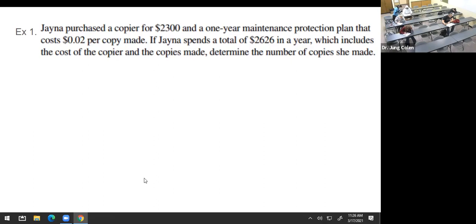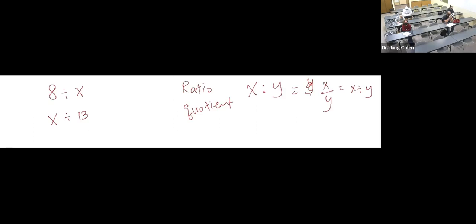Can you write an equation? Oh, just interpreting the situation. So yeah, I will show you how to do that first, okay? Since this is the first problem, you just wrote down the answer. That's okay, but I want you to have the habit of writing an equation. So I will show you how to do that first. Next problem, you can set up an equation. So let's interpret what's going on here.